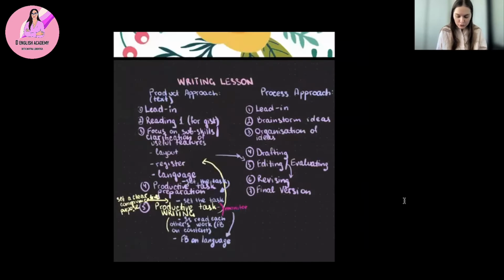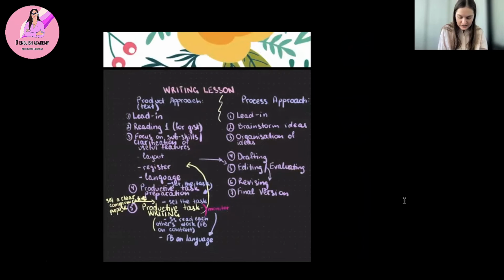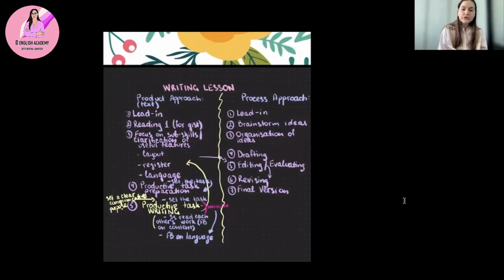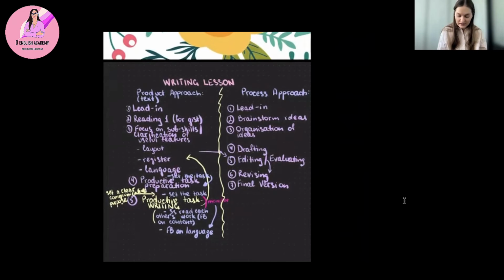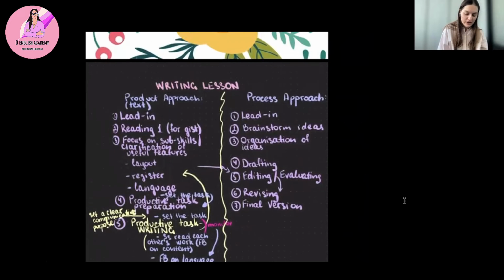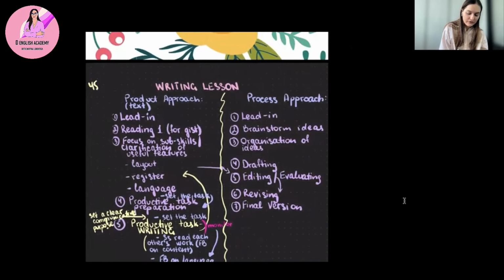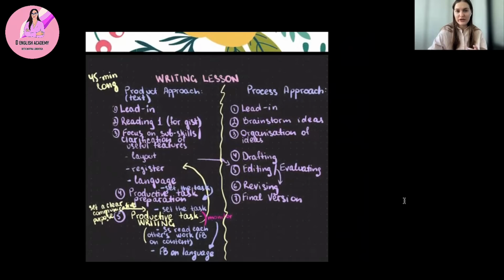So these are the two types of writing lesson frameworks that you can follow when teaching a lesson. Don't forget that the CELTA lesson is usually just 45 minutes. And this means that you should be realistic about what type of writing you want students to complete.